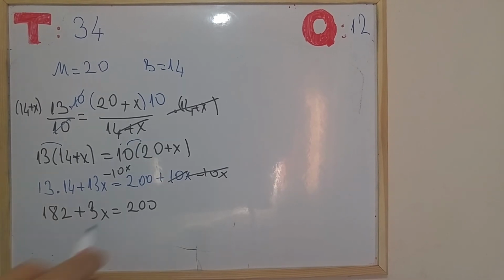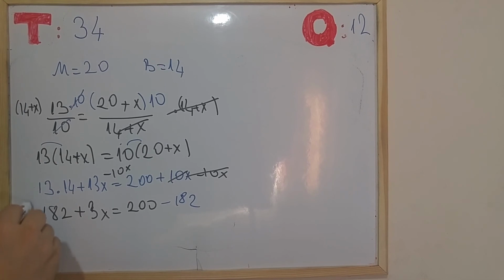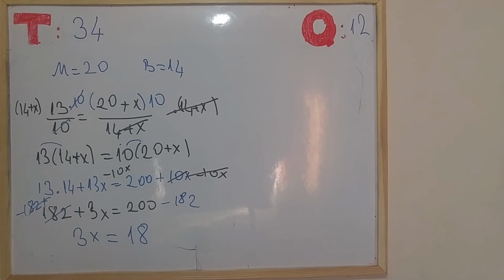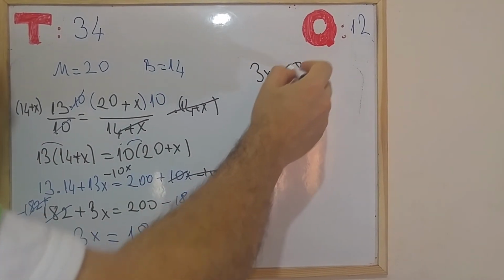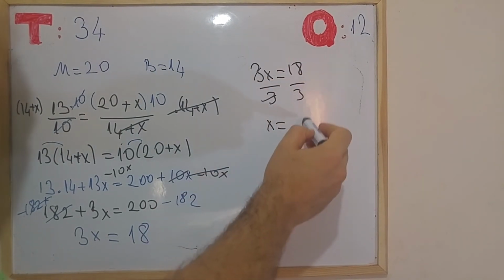Now let's subtract 182 from each side. These will be gone, so I'm going to have 3x is equal to 200 minus 182, which is 18. 3x is equal to 18. So when I divide each side by 3, I'm going to have x is equal to 6.